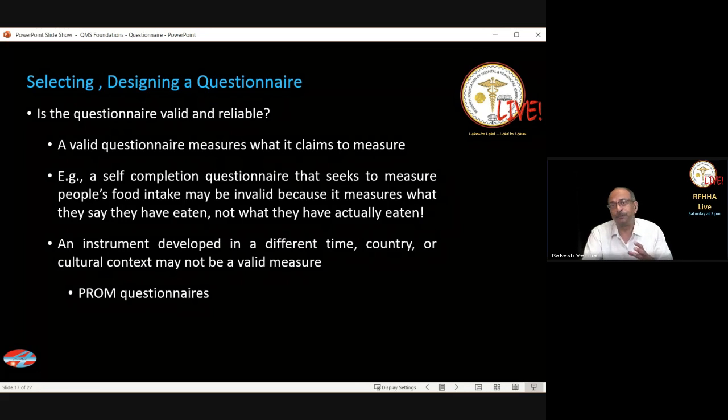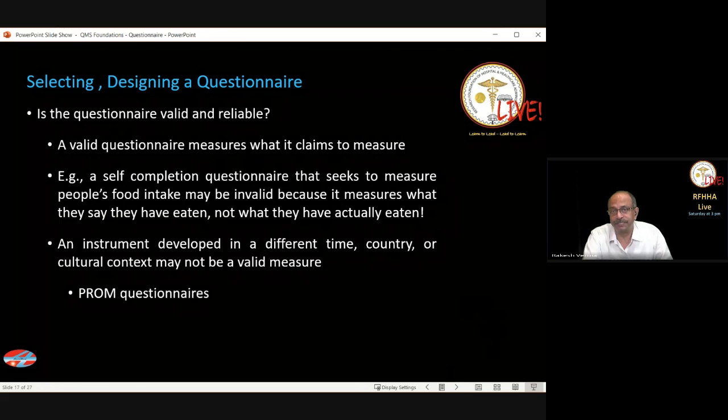So when you just copy-paste or transplant a certain kind of questionnaire like a PROM questionnaire, it will not give you the correct measurement. So this is another issue that we need to remember when we are taking a pre-prepared questionnaire, because in certain situations that may not be the option.